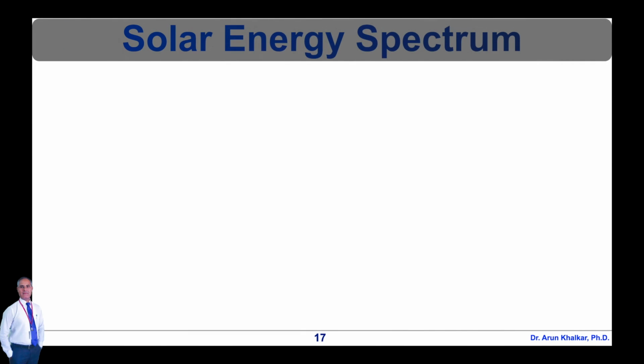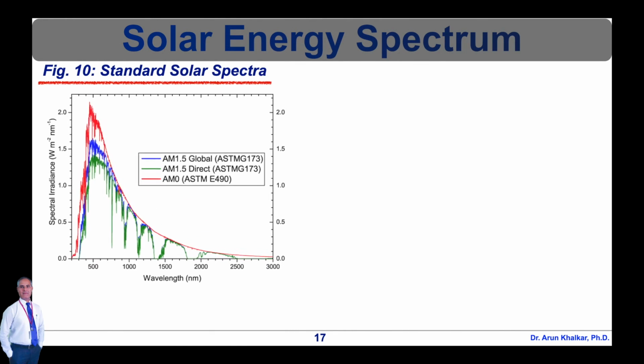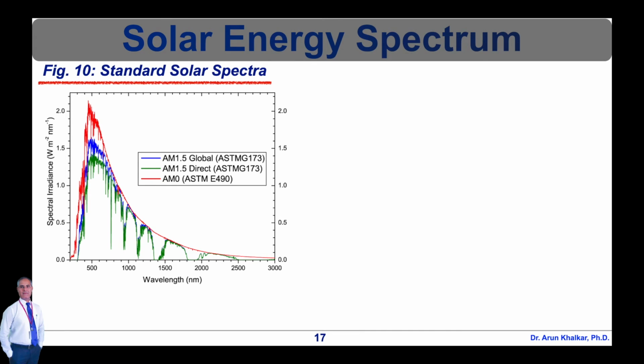Now let's see the solar energy spectrum. The standard solar spectra is shown in this diagram. The solar spectrum changes throughout the day and with the location on the earth. Standard reference spectra are defined to allow the performance comparison of photovoltaic devices from different manufacturers and research laboratories. The standard spectra were refined in the early 2000s to increase the resolution and to coordinate the standards internationally.